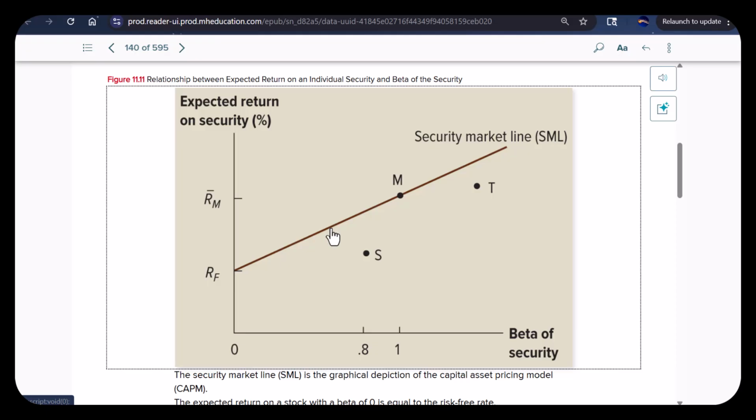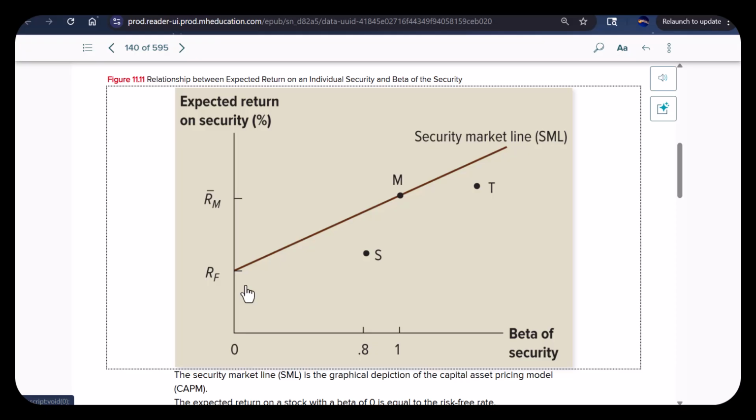If you have a beta of 2, your expected return should be 14. You would place on this line. And this line would have an intercept at the risk-free rate, because if there is no systematic risk, the only thing you can earn is the risk-free rate.